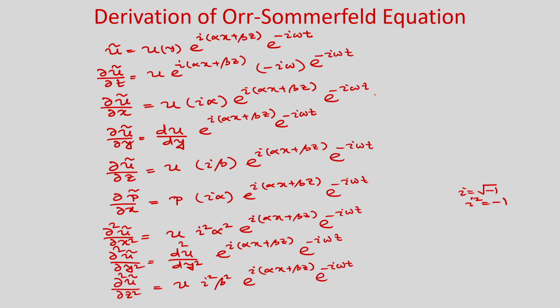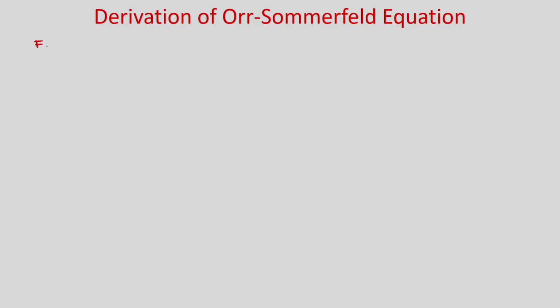So, now all these terms you please substitute in the x component of the disturbance equation and let us simplify that equation. So, from equation 3, in the left hand side it will be e to the power i alpha x plus beta z e to the power minus i omega t.